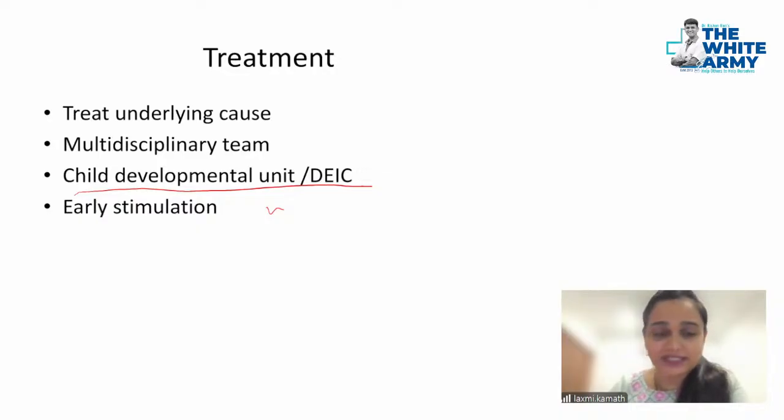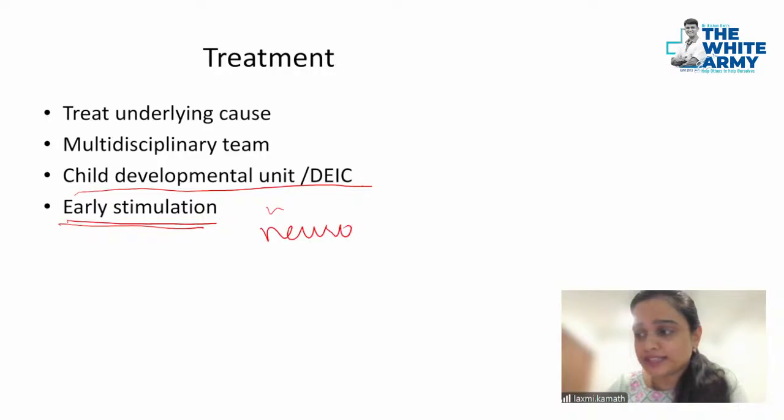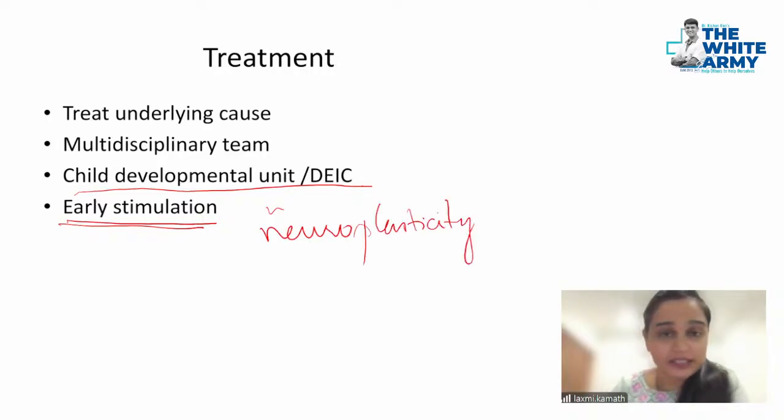Now, what happens in the district early intervention center, which is present in each district? There is something called early stimulation, based on the property of neuroplasticity of the brain. That means if there is an insult to one part of the brain and the child undergoes early stimulation, the adjacent part of the brain can be stimulated so that it takes over the function of the damaged part.